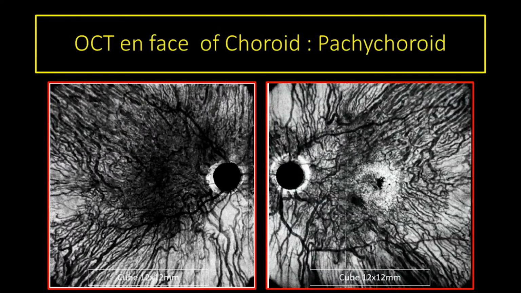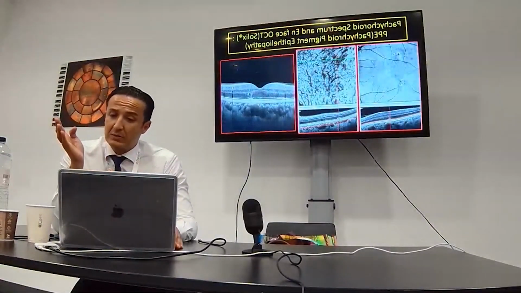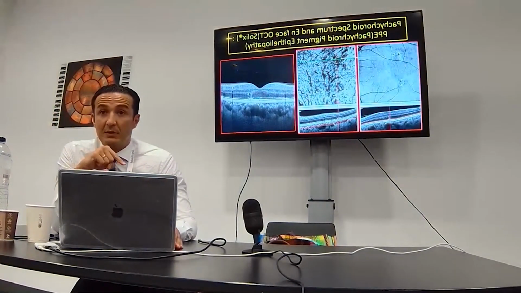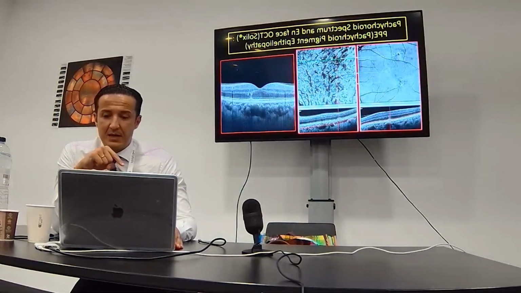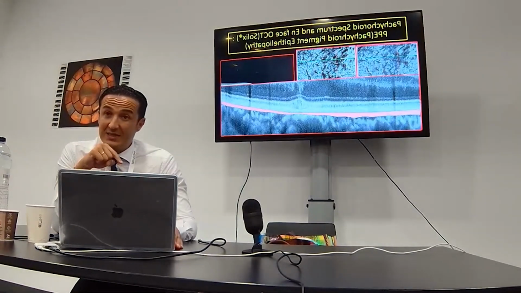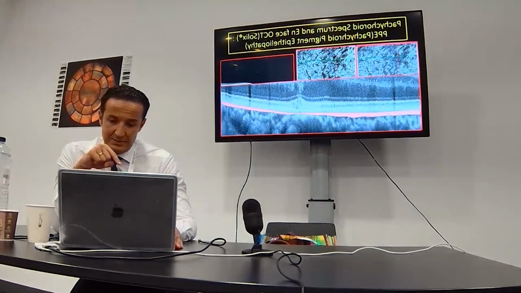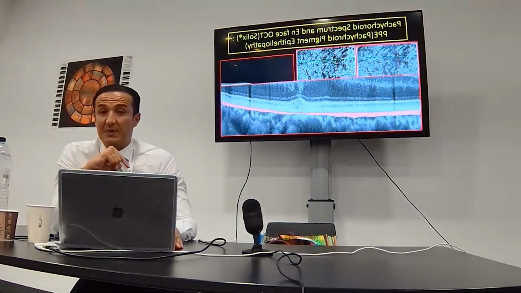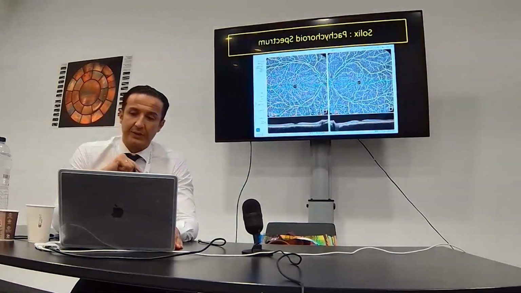And sometimes you can make a very good correlation between a small deposit in a pachychoroid pigment epitheliopathy and the area of choroidal dilation. Look, at the same area of the small lesion. And look here, you can observe the thinning of the choriocapillaris due to choroidal dilation, explaining the mechanism of pachychoroid.